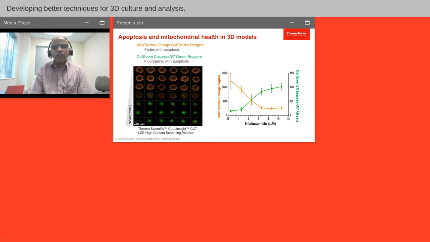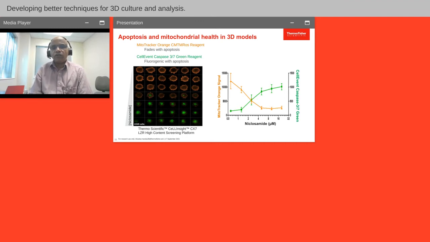As we increase the concentration of niclosamide, as you can see on the left side in the image, there is a decrease in mitochondrial membrane potential and an increase in apoptotic cells. And this can be easily quantitated using our CellInsight CX7 laser illumination based high content screening platform.